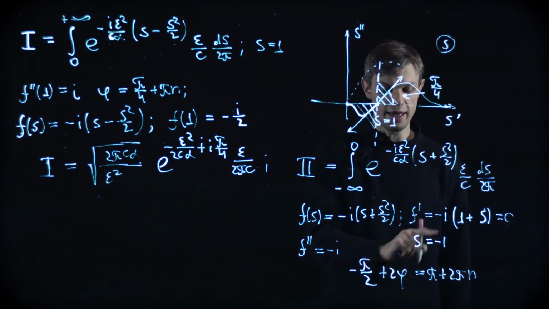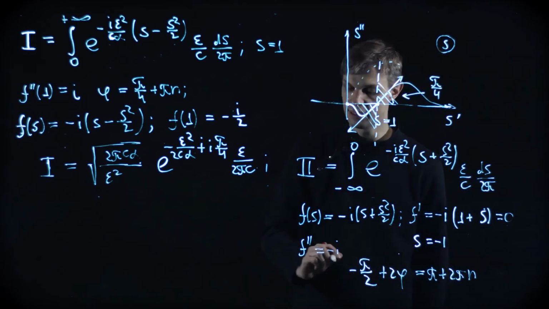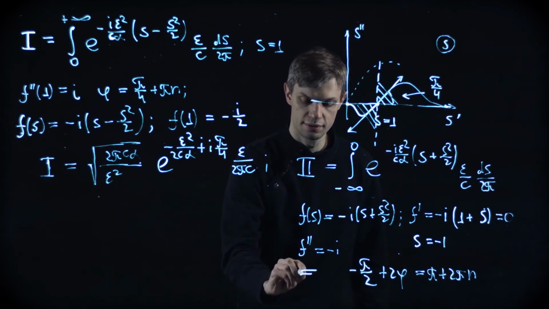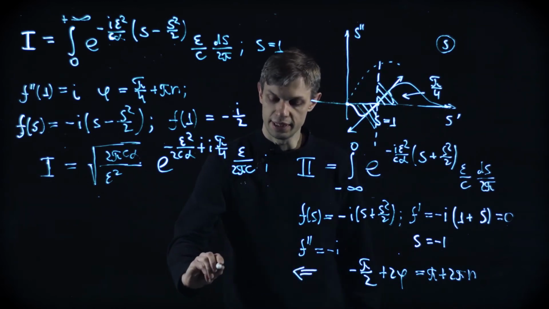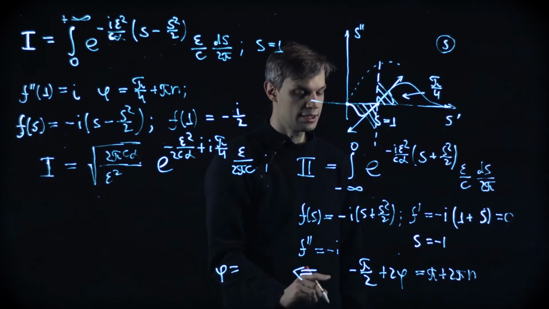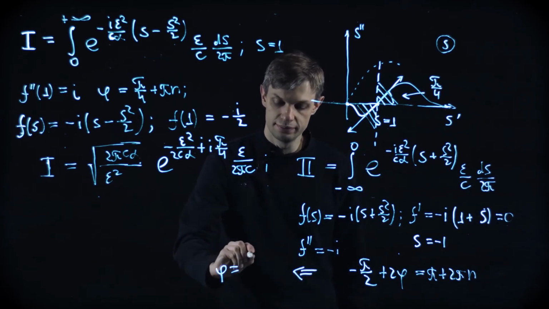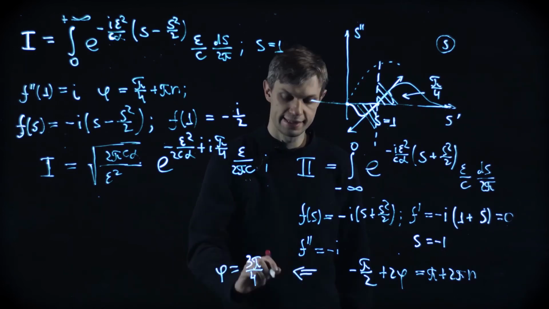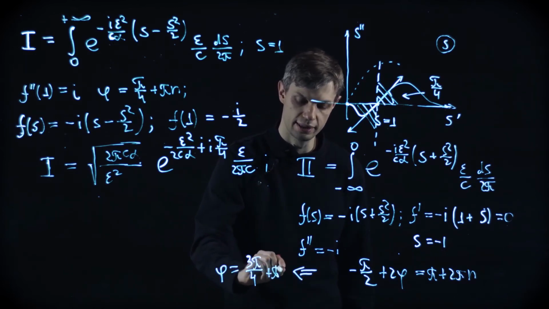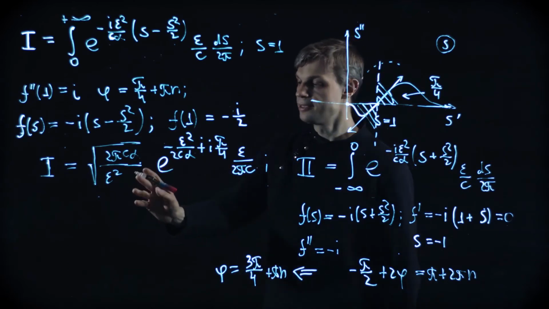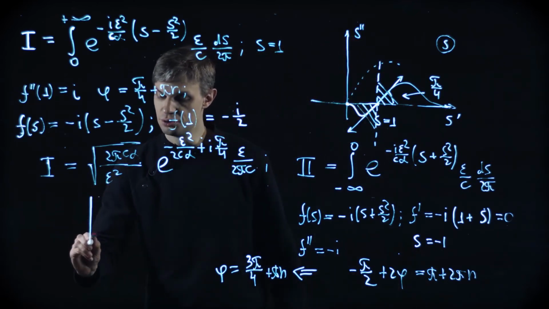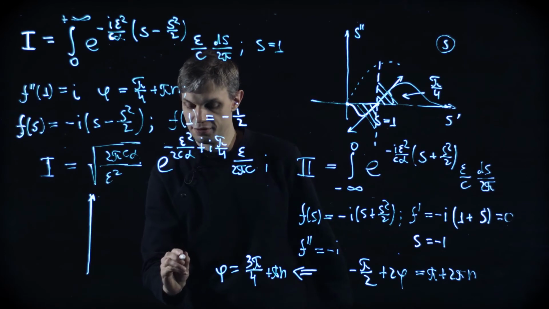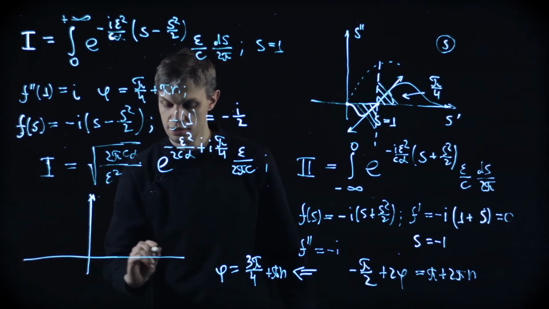So now phi is equal to 3 pi by 4 plus pi n.